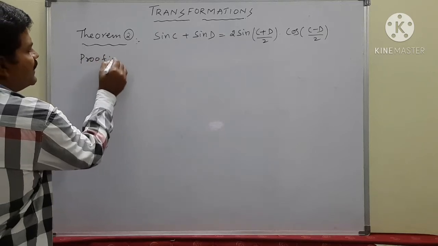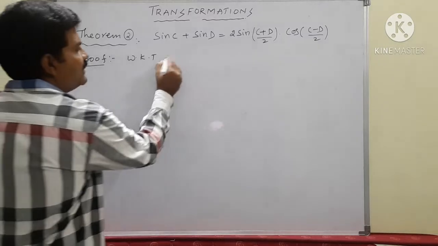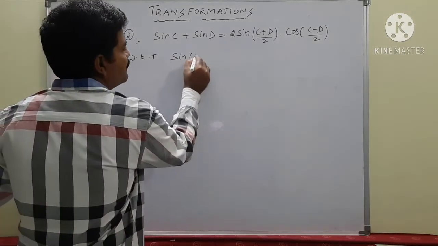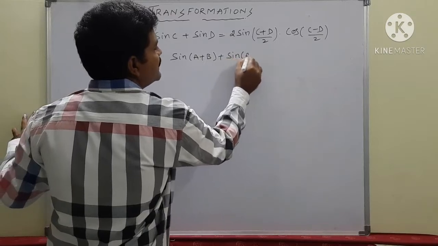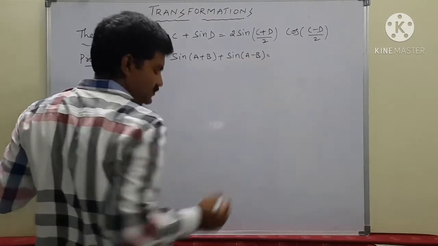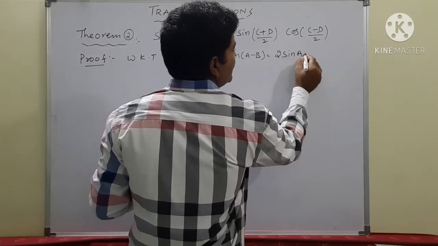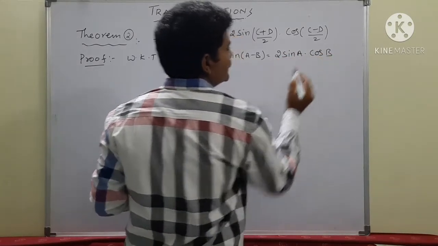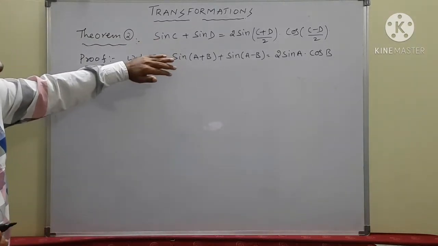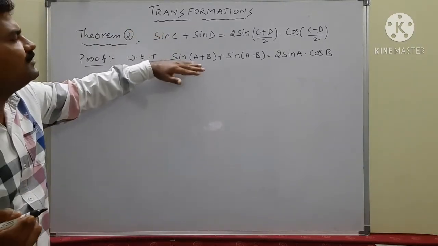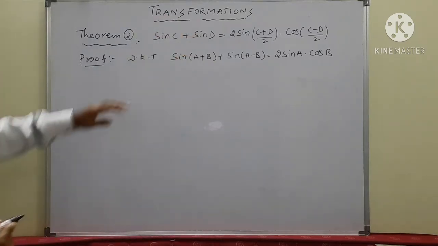So we use the previous results to prove it. What we know is that sin of a plus b plus sin of a minus b is equal to 2 sin a into cos b. Both are same. Just by using this result, we are going to prove the above one.